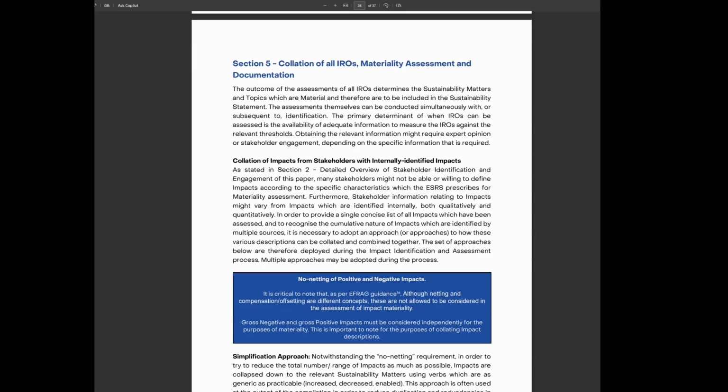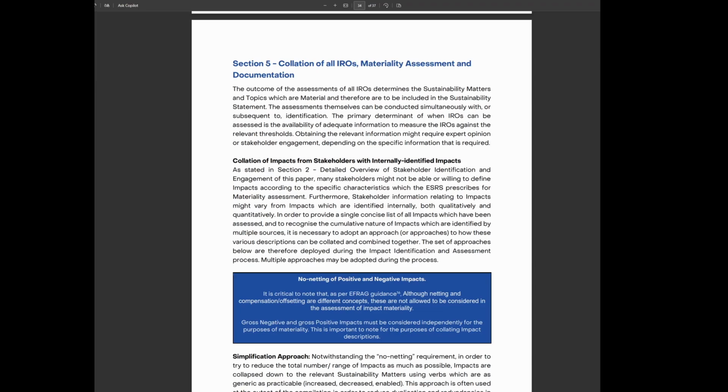At the end of the paper, we add in some stuff which isn't really covered by EFRAG to this point, and that is how we collate impacts. So one of the problems with multiple people and multiple stakeholders all contributing to a materiality process is that you might have lots of different people identifying the same impacts or the same risks and opportunities, but using different words and different names to do them.